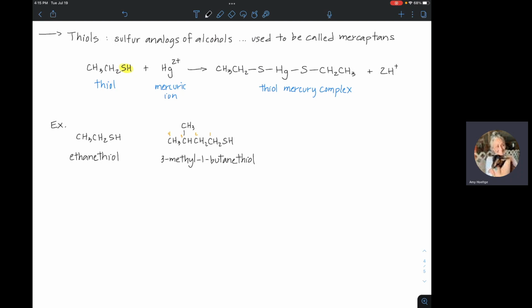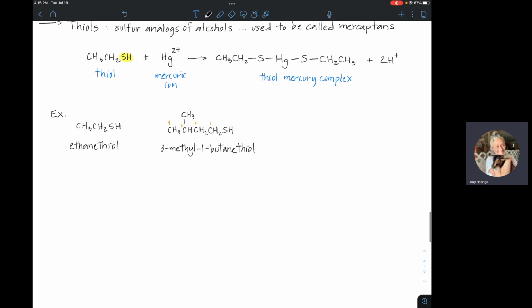So you're probably sitting there going, well, when do you use the word mercapto? In that kind of situation, you're dealing with a sulfhydryl group as a substituent. In other words, some other functionality on the molecule is going to take priority. This is the first time we've had this situation where we have two different potential functional groups. One of them is going to take priority over the other. So for example, we could have our sulfhydryl group, and then just to keep it simple, we'll put an alcohol.